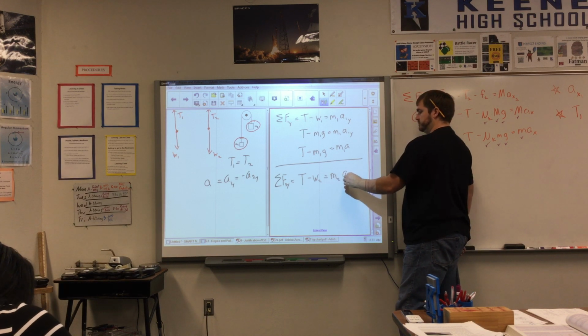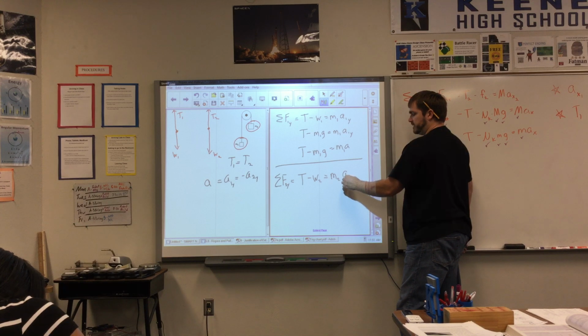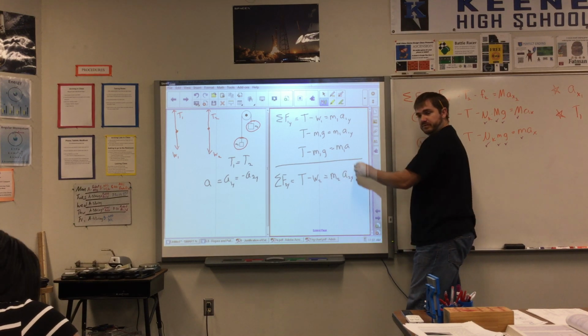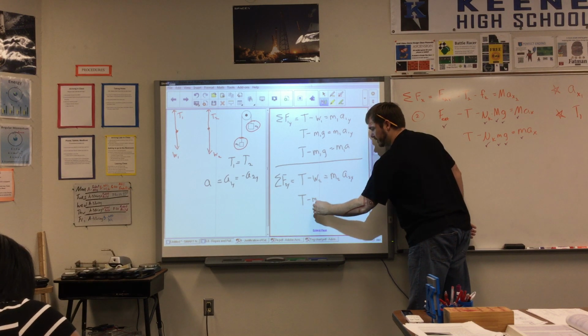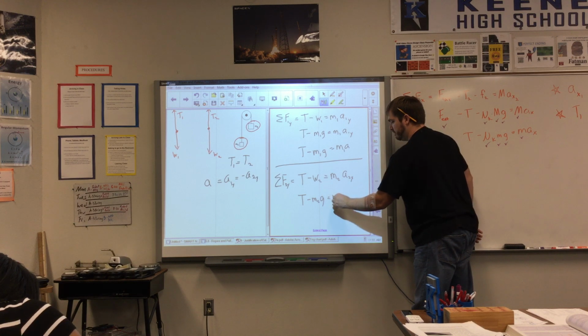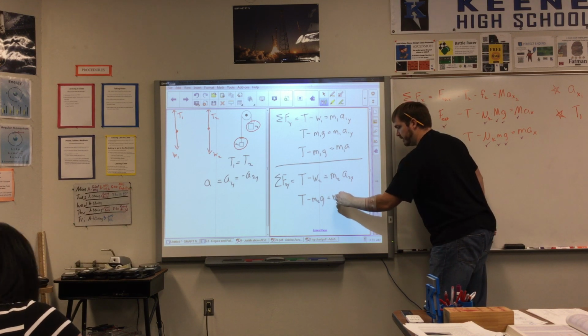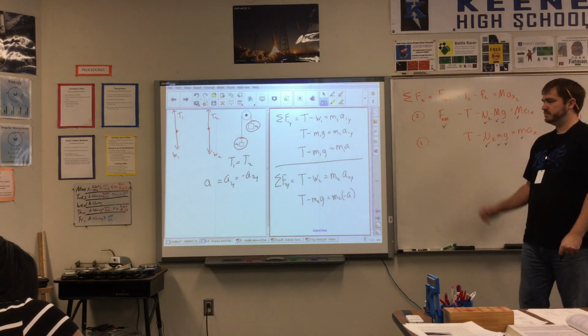In this case, you could just say negative acceleration y, right? Yeah, okay. I'll put acceleration 2 in the y direction right here. And then my next step, when I substitute everything in, so mass 2 times gravity, mass 2, and then I'll just write negative a like you were suggesting.